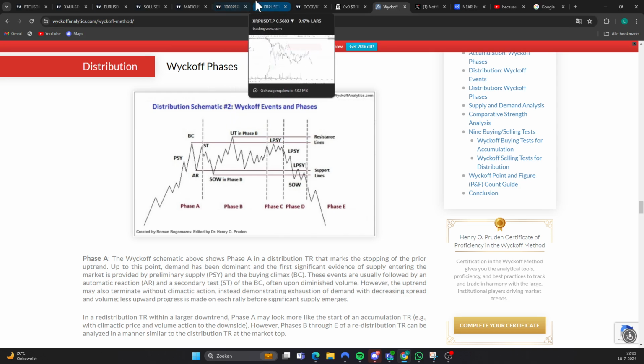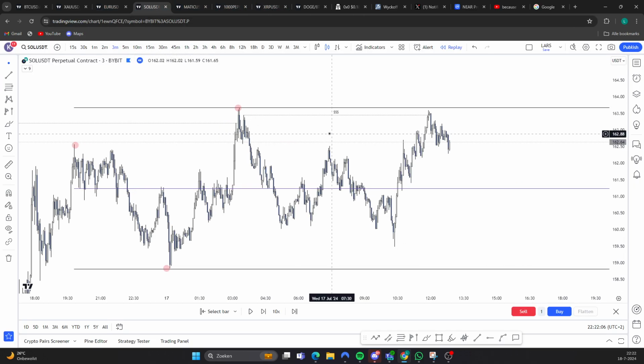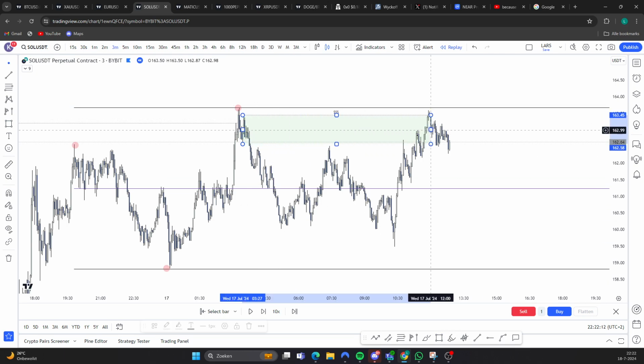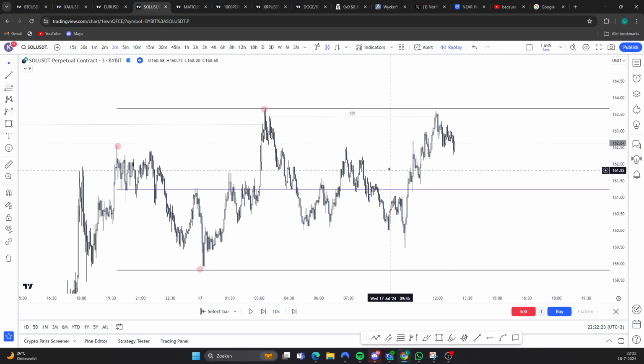Okay. So the only way a third tap can be valid is if it grabs either all liquidity or hits extreme supply. So this was our last supply zone, and then that was our last liquidity point. So it smashed through the supply, grabbing that last liquidity from it, which is totally fine. And now the way we confirm a Wyckoff distribution, same way as a Wyckoff accumulation, we wait for structure to break back to bearish.